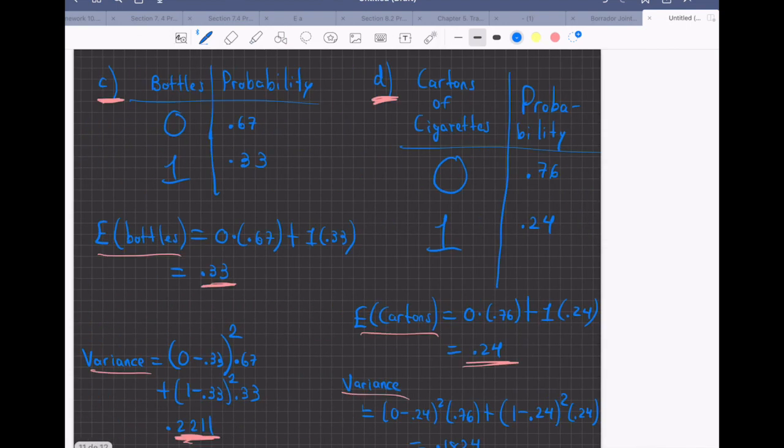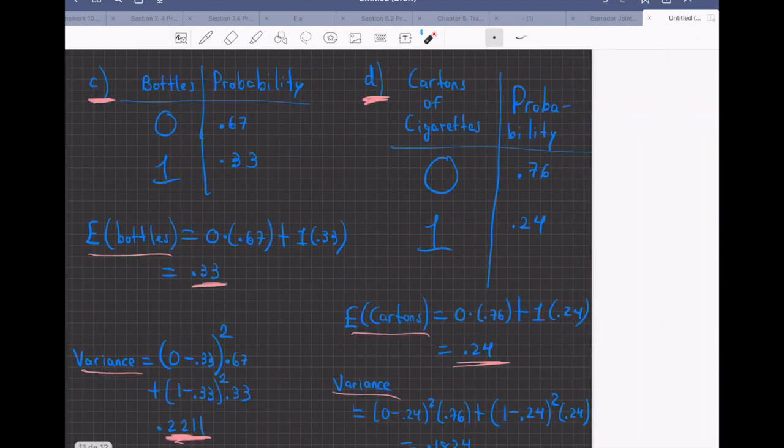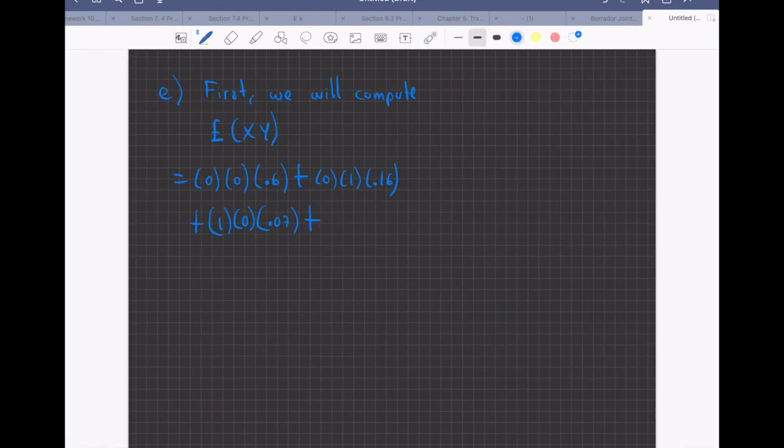Plus, finally, 1, 1, the corresponding probability is 0.17. And notice, the first three terms are 0, so it's going to be only 0.17.